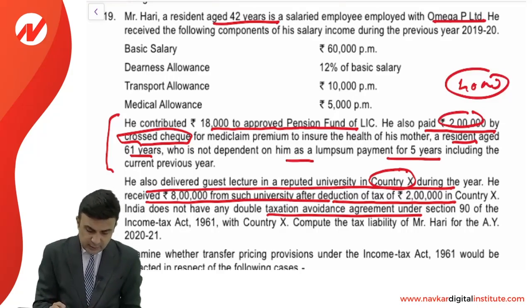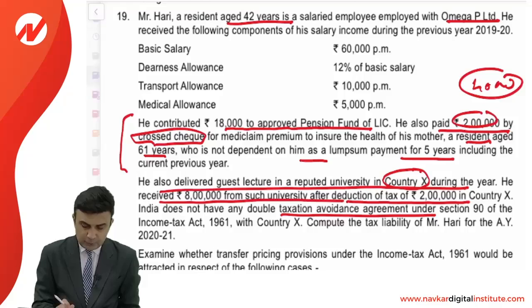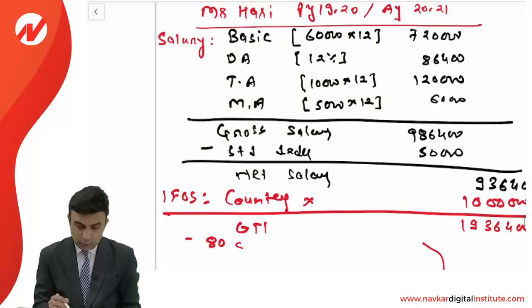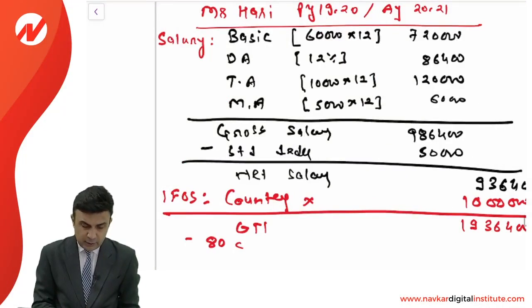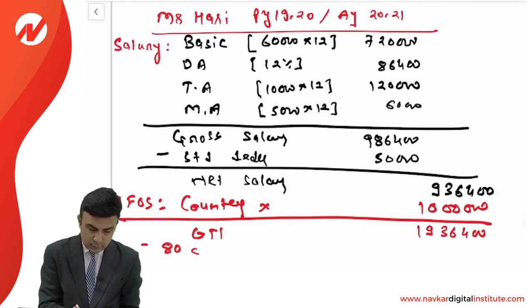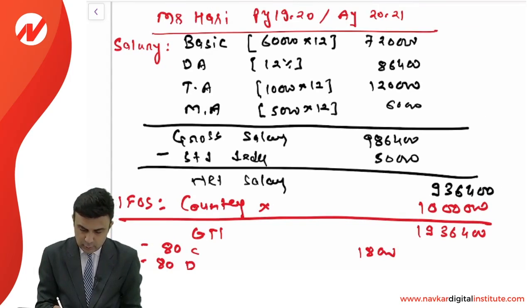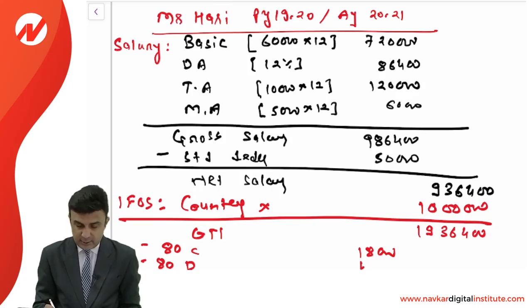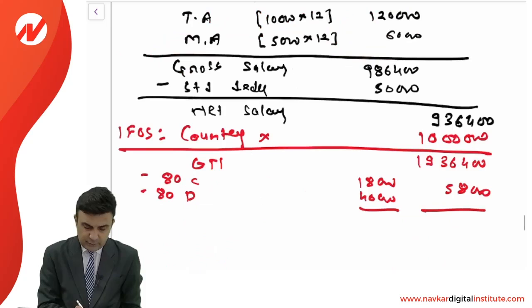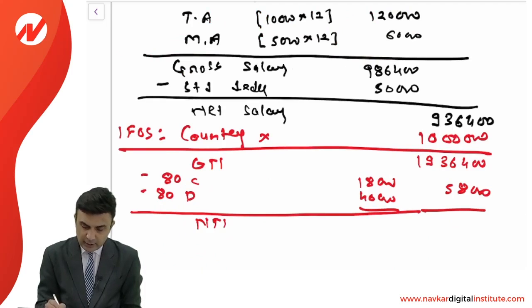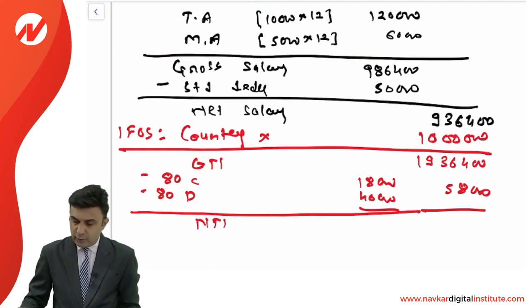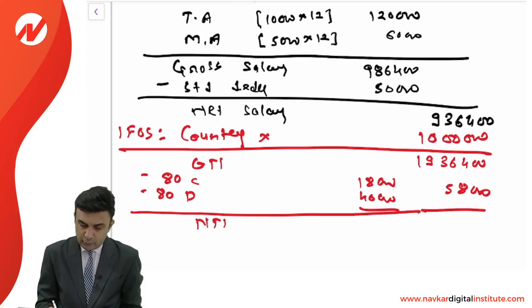18,000 is your 80CCC, and 40,000 is your 80D. So that comes to 58,000, and friends, as it comes to 58,000, your NTI is coming to 19,36,400 less 58,000, that would be 18,78,400 rupees.